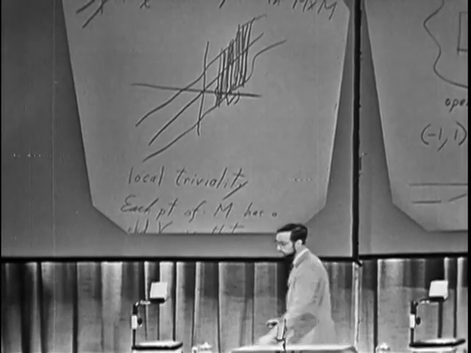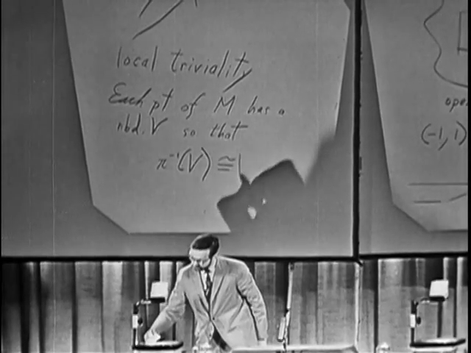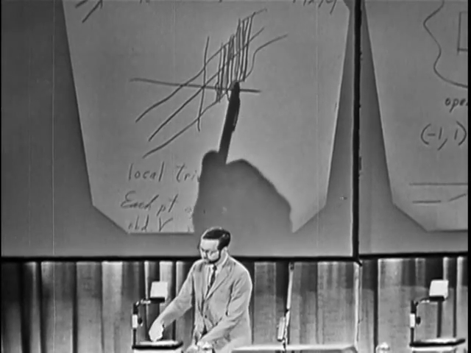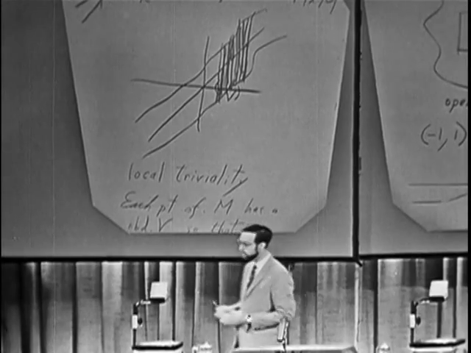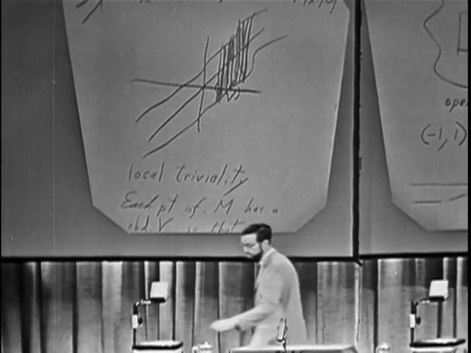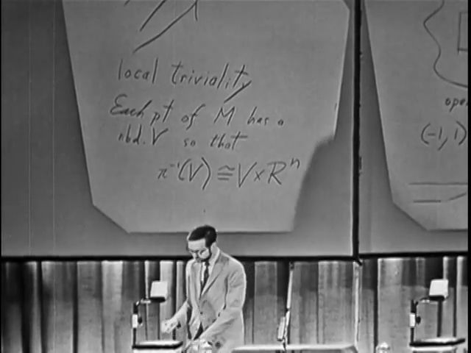Pi inverse V should be isomorphic to the product of V and Euclidean space. Because we know that for each point of V, the inverse image is a copy of Euclidean space, but we want these copies of Euclidean space to all fit together nicely so that the inverse image is isomorphic to the product, and this isomorphism should have special properties.